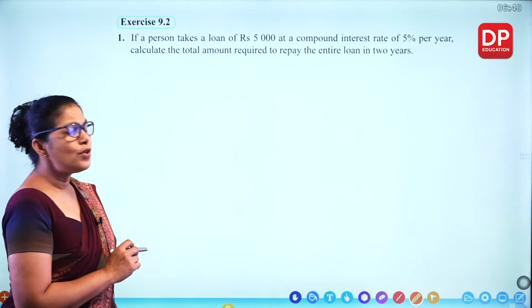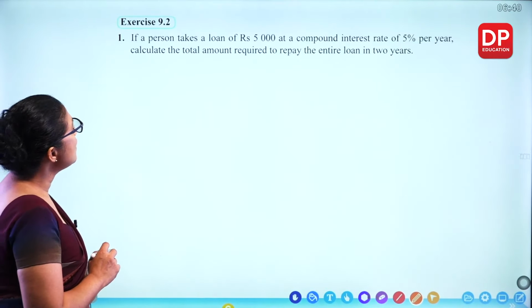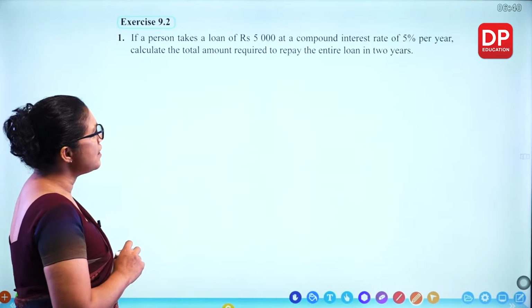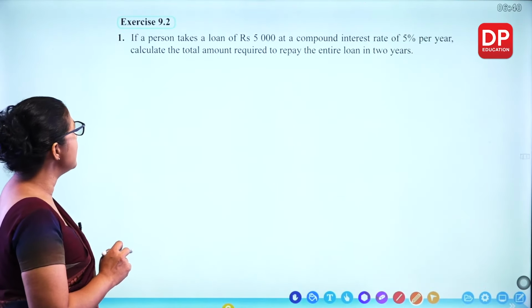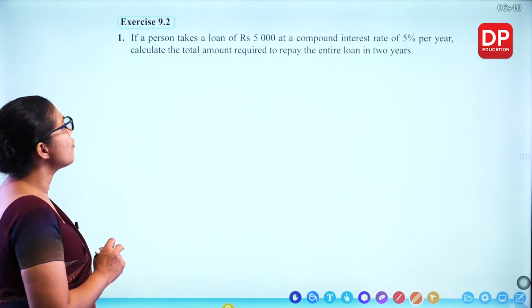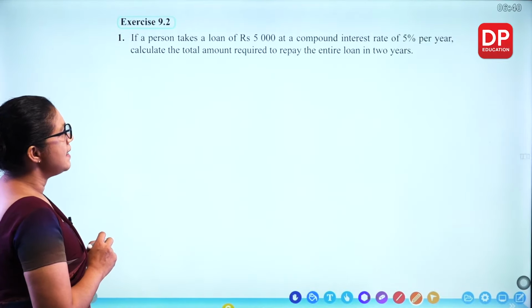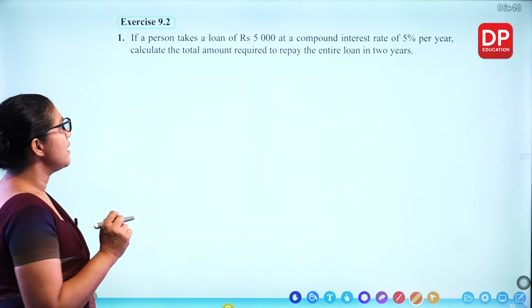Exercise 9.2. If a person takes a loan of 5,000 at a compound interest rate of 5% per year, calculate the total amount required to repay the entire loan in 2 years.